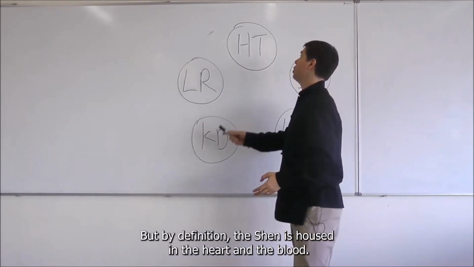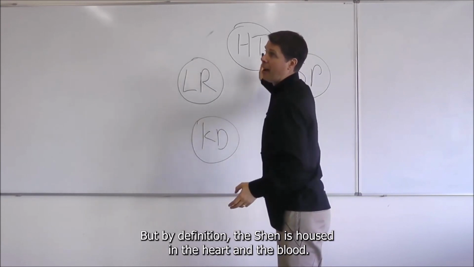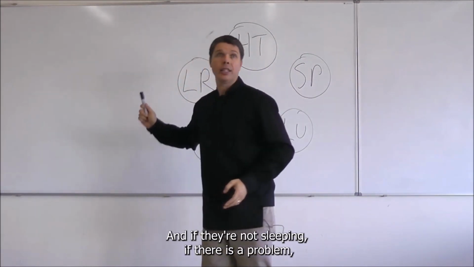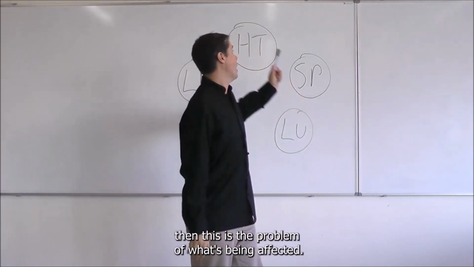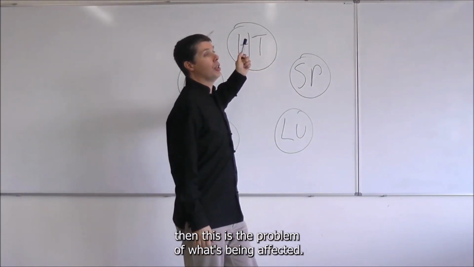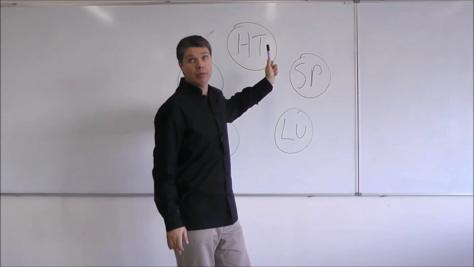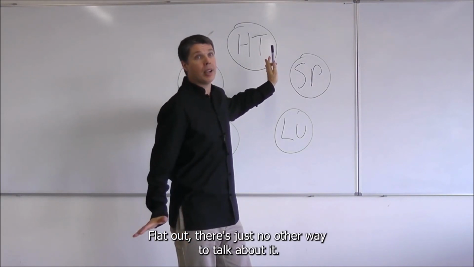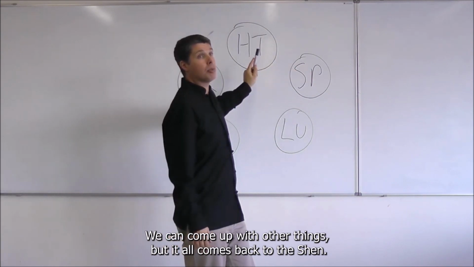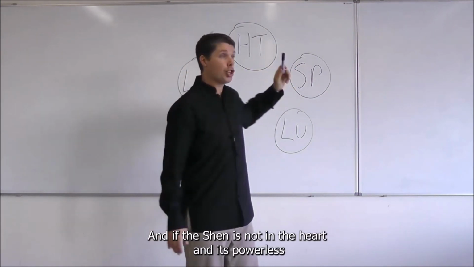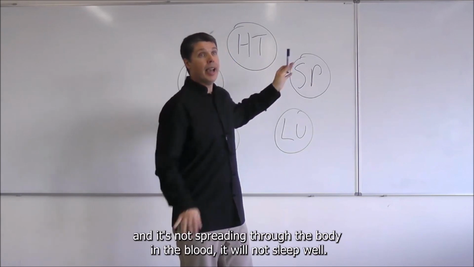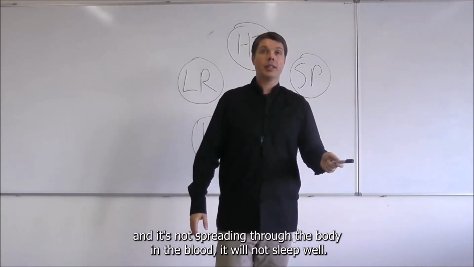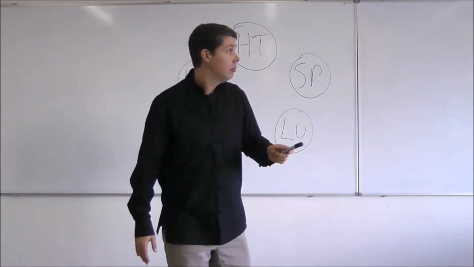But by definition, the shen is housed in the heart and the blood. And if they're not sleeping, if there is a problem, then this is what's being affected. Flat out. There's just no other way to talk about it. We can come up with other things, but it all comes back to the shen. And if the shen is not in the heart and its palace, and it's not spreading through the body in the blood, it will not sleep well.